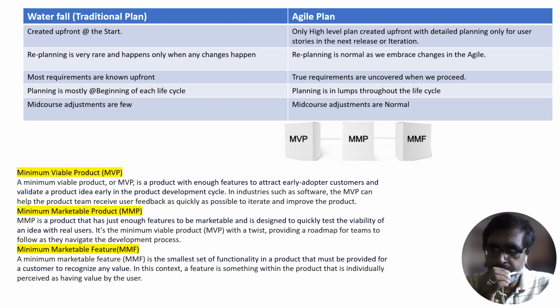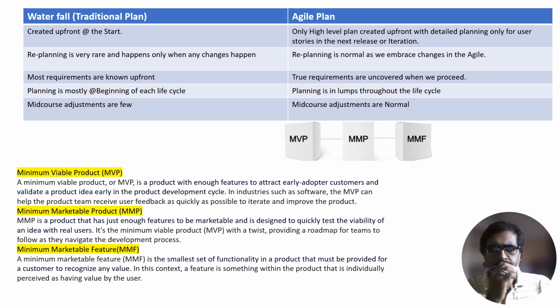It's the final release. So high priority features, that is detailed planning, will be placed first, at the top of the product backlog. These are the minimum viable product, and then the minimum marketable product also comes in the second stage. And low priority features, that is undetailed planning, will be optional features and will be placed in the lower stack of the product backlog.